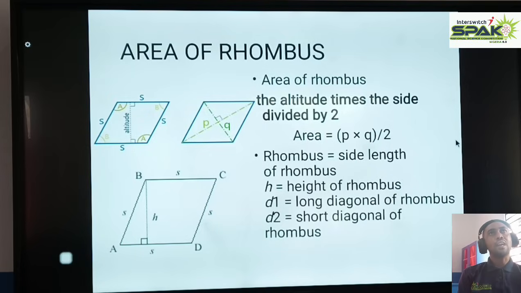So altitude times the side divided by 2. And we can also calculate the area of a rhombus by multiplying the length of the two diagonals. So the first diagonal multiply with the second diagonal and then divide the result by 2. So this also gives us the area of a rhombus.